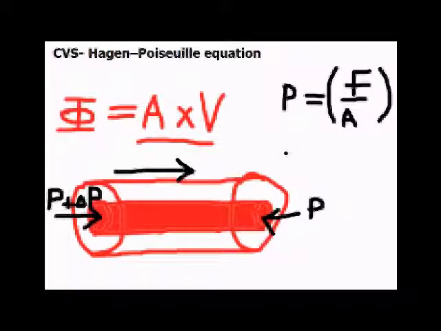So now we can denote this as delta P. We don't know the force acting, but we do know the area that it's acting across.